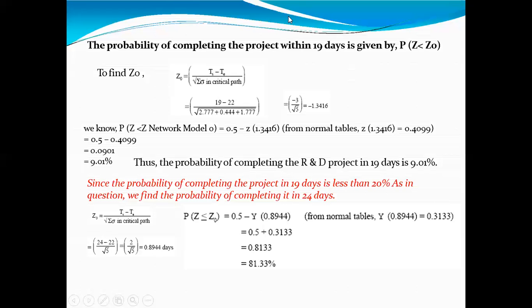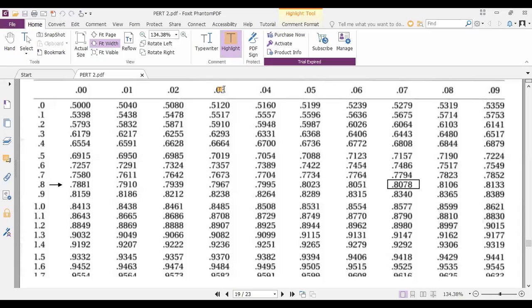We have to find the 0.89 value. Where is that 0.89 value? It is coming here. We go to 0.8, which is here, and 0.9, which is here, and the cross-section of these two is 0.8133. I have marked it in red color.